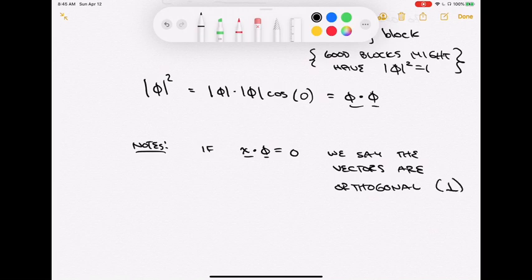And we'll use that little orthogonal symbol. So if we had x dotted with phi equaling 0, we would say x is orthogonal to phi. These are equivalent kinds of statements. That orthogonality means that they don't have anything sort of in common. They don't share any underlying information. So that's one of them.